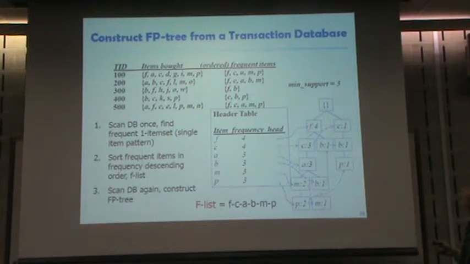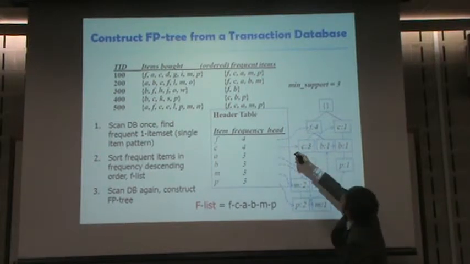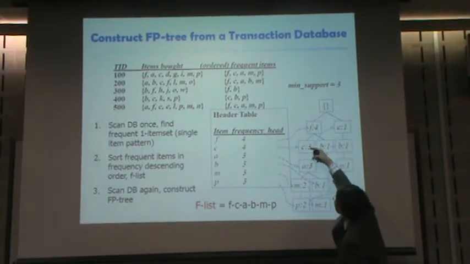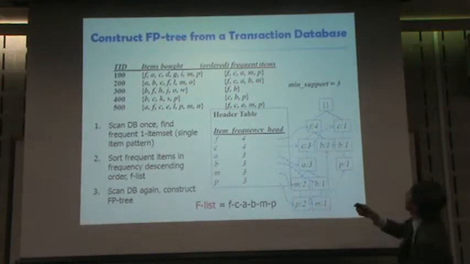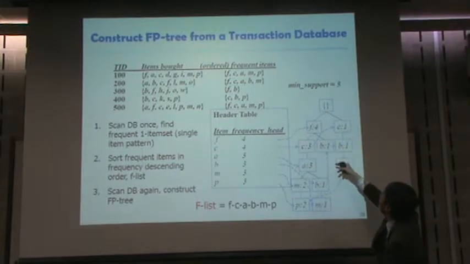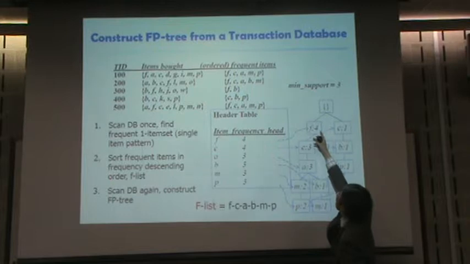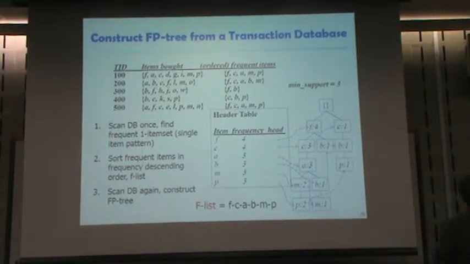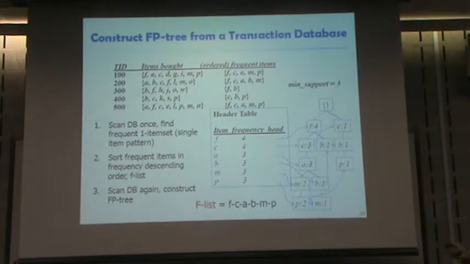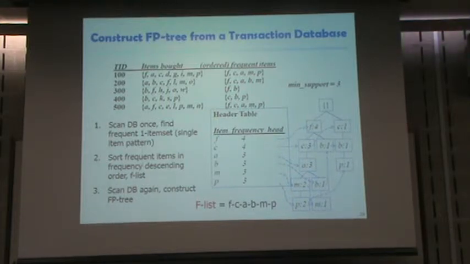And A, B, M, A, B, M. So 3 over C, all of them have the A, so 3 of them include this one, then 1 of them is C, B, P. Then by combining B1 and the C1 as F, this is a 4F, and finally it's nothing over there, it's the top root node. So we can construct such an FP tree based on the F list. Okay, so this is the algorithm to build the FP tree.